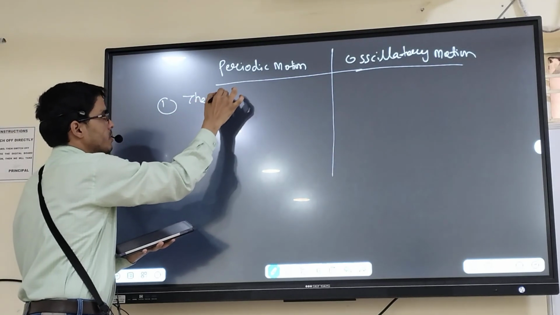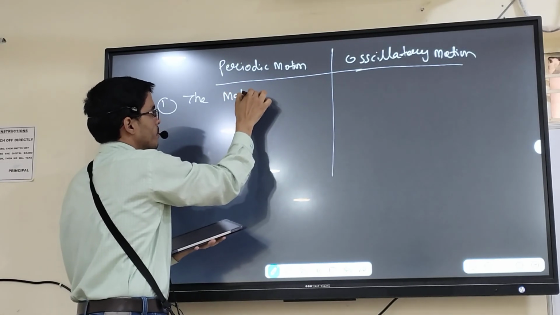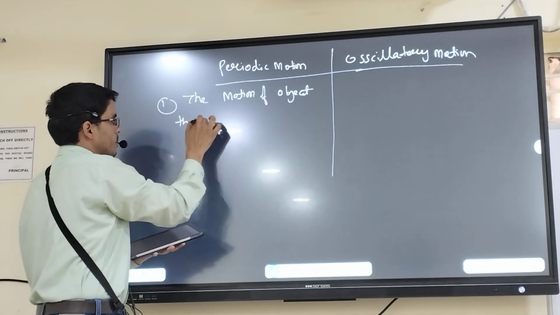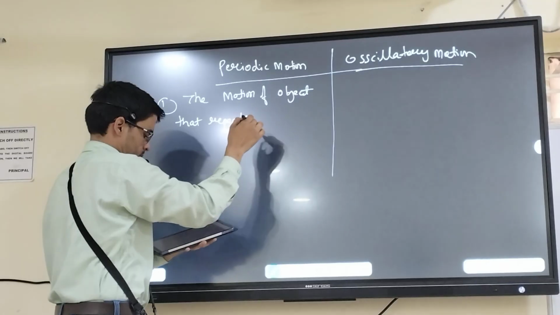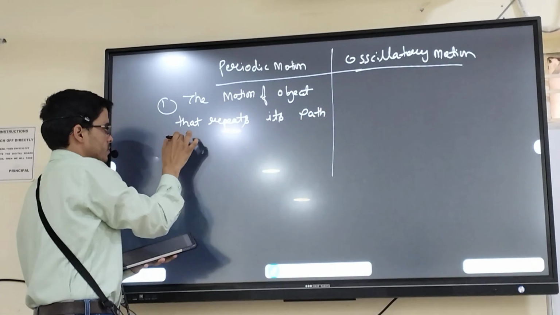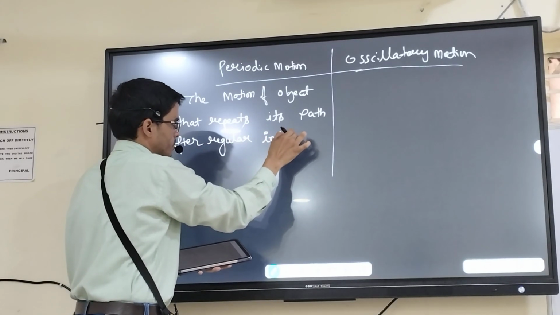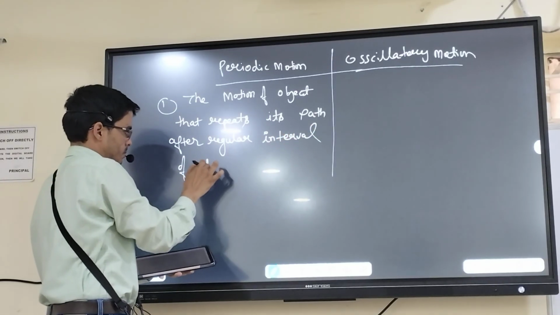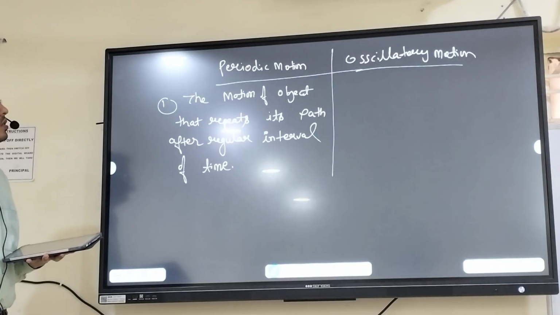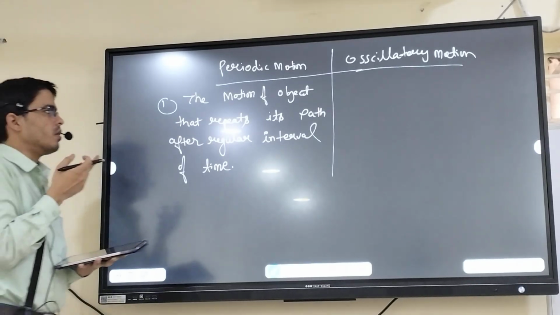I am writing: the motion of an object that repeats its path after a regular interval of time is called periodic motion.